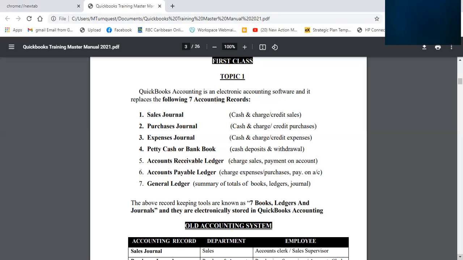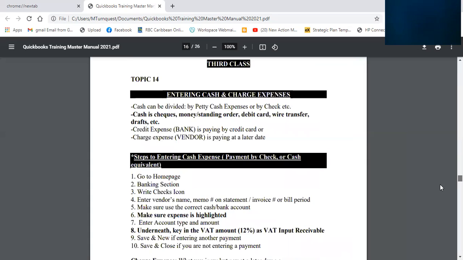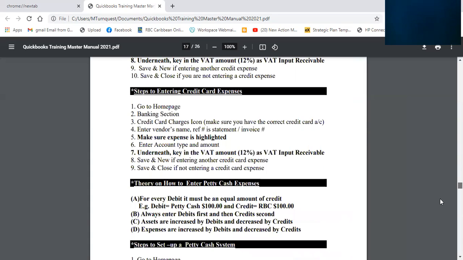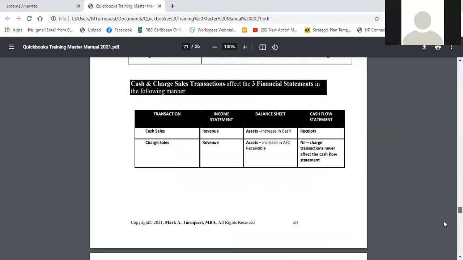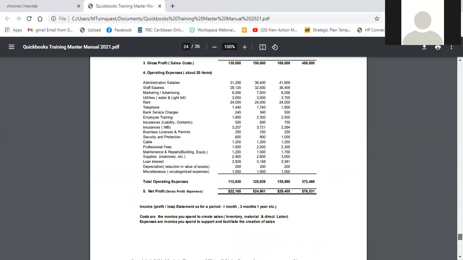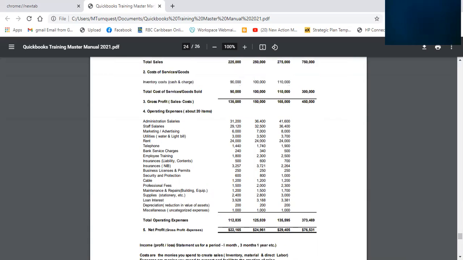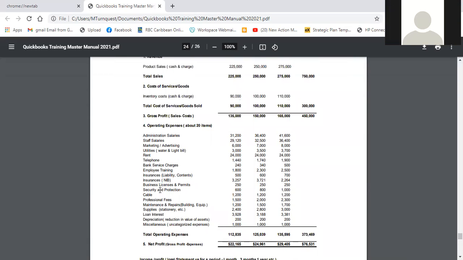And these 20 are found on page 24. I have the screen up right here, and you see all the expenses: administration, staff, marketing, rent. All this right here on the screen.